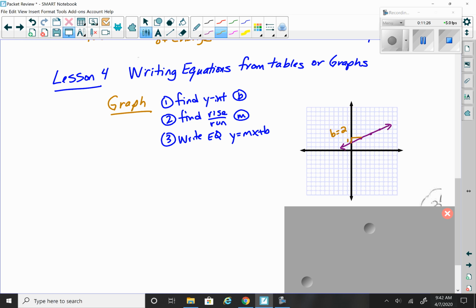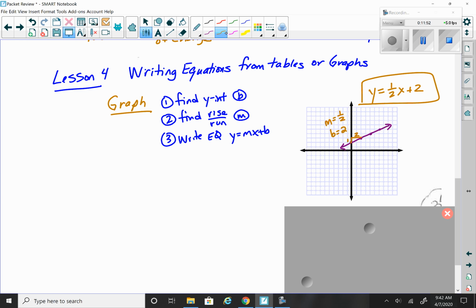Rise 1, run 2. That means that my m, or slope, is 1 over 2, rise over run. So if I want to write the equation of that graph, I would say y equals 1/2 x plus 2. Again, all I'm doing there is plugging in my slope and y-intercept into the slope-intercept form. And you have done that before, so that should be relatively easy.